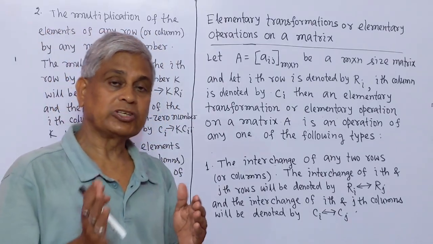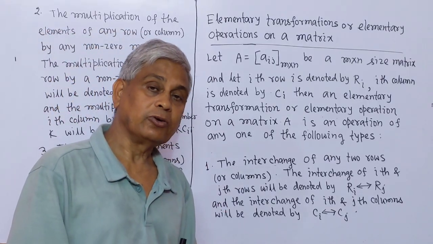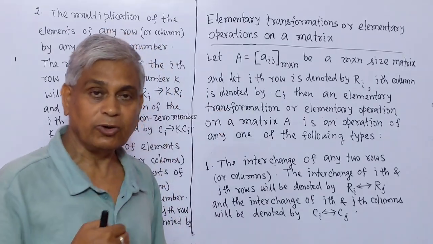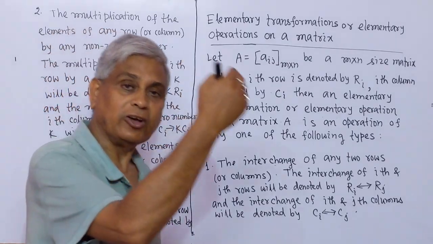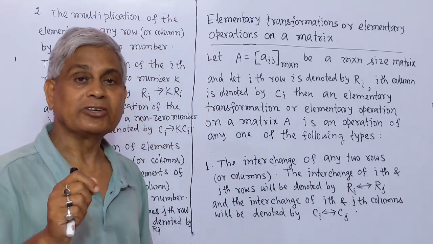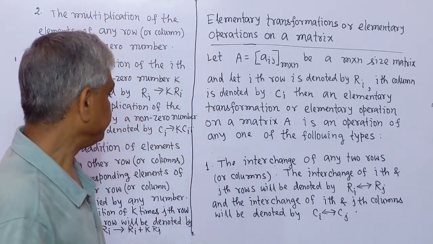Meaning, in the position of the ith row we write the elements of the jth row, and in the position of the jth row we write the elements of the ith row.